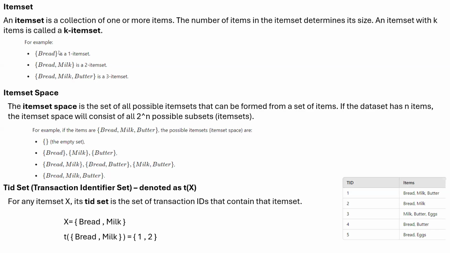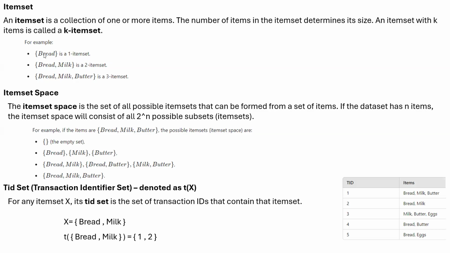Any collection of items is called an item set. Each one is called an item, and the combination of these is called an item set. Depending on the number of items, it is named a k item set. That is what item set means.